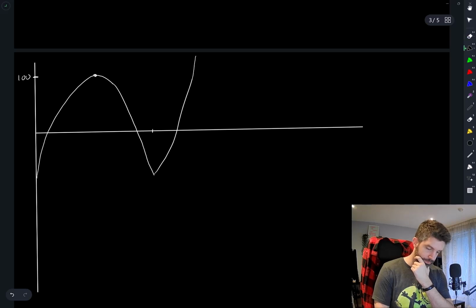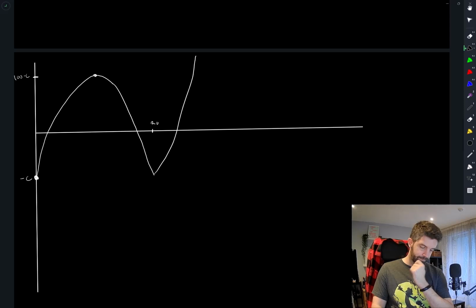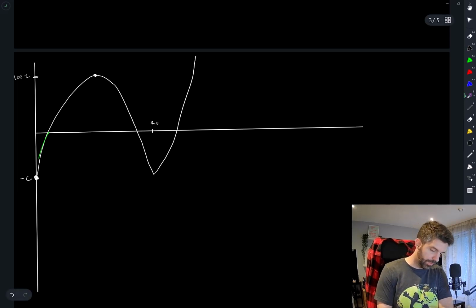So that point is still 20. This value up here is now 100 minus c. This value is negative c. And now I want to take an absolute value of this. That will flip these 3 branches back up.